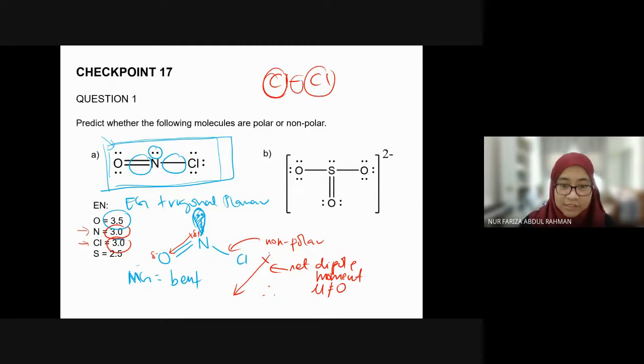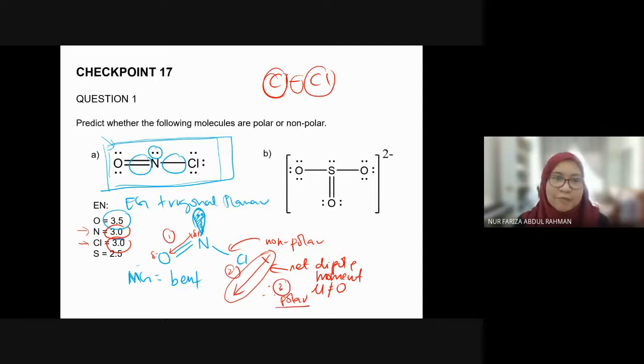This is the most important thing. The net dipole moment does not cancel, so the molecule is polar. This is important. Concluding is also important. You must conclude even if it looks obvious, that this is polar. Don't assume the examiner understands by themselves. We hate it when students assume we understand on our own.